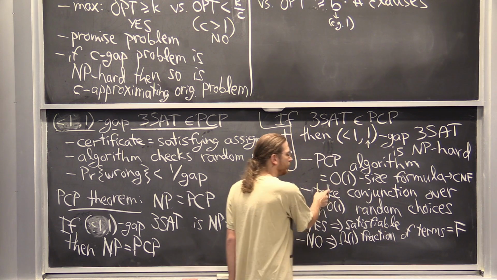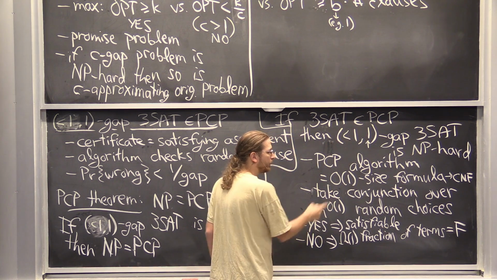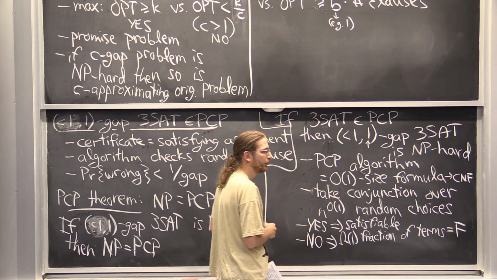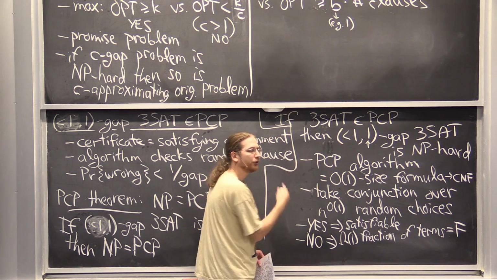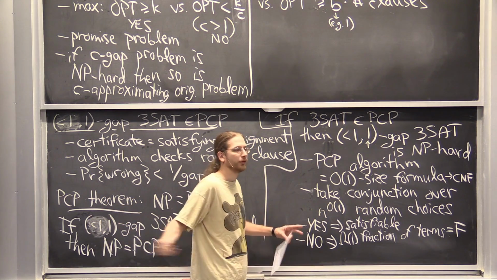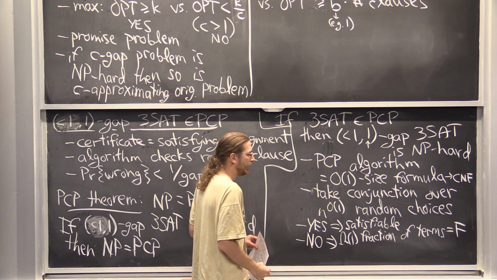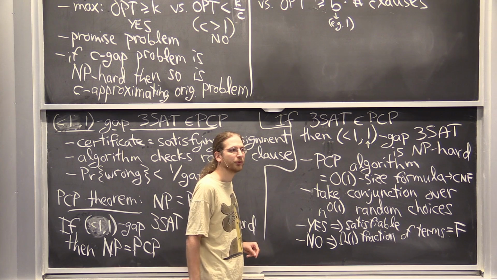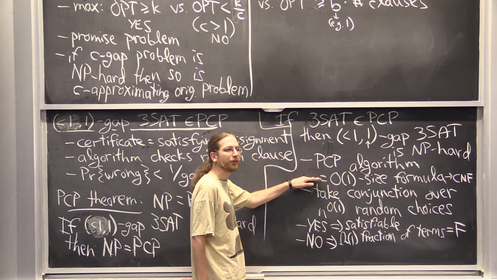The terms are the things we're conjuncting over, but each term here is a constant size CNF formula. So when I AND those together, I really just get one giant AND of clauses, constant fraction larger than the number of terms. And if a term is false, that means at least one of the clauses is false. And there's only a constant number of clauses in each term.